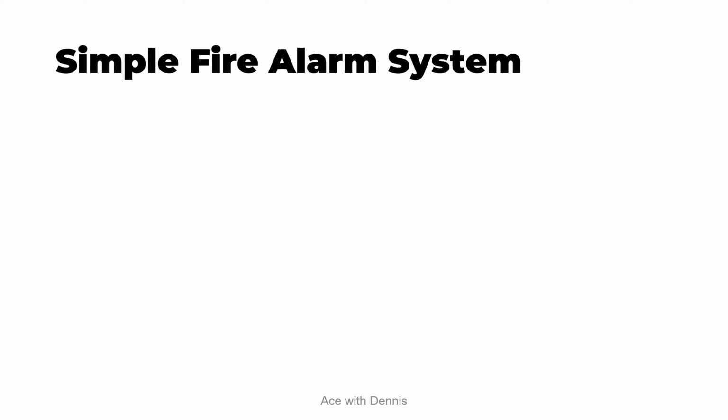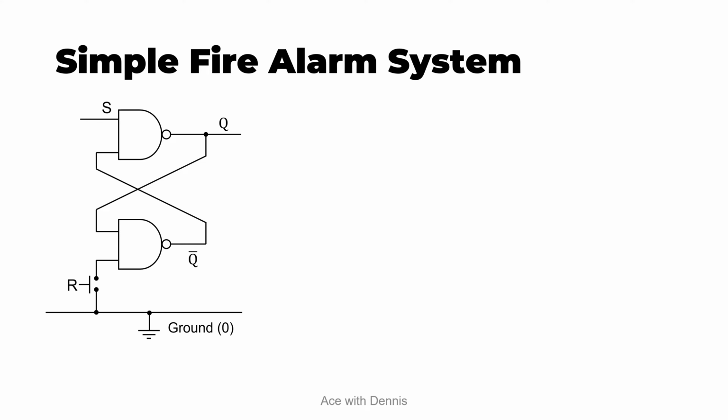A simple fire alarm system works very similarly to the car alarm system. And here's the circuit. It has the SR latch, where R is the reset button, while S is connected to a potential divider with a thermistor as R2.